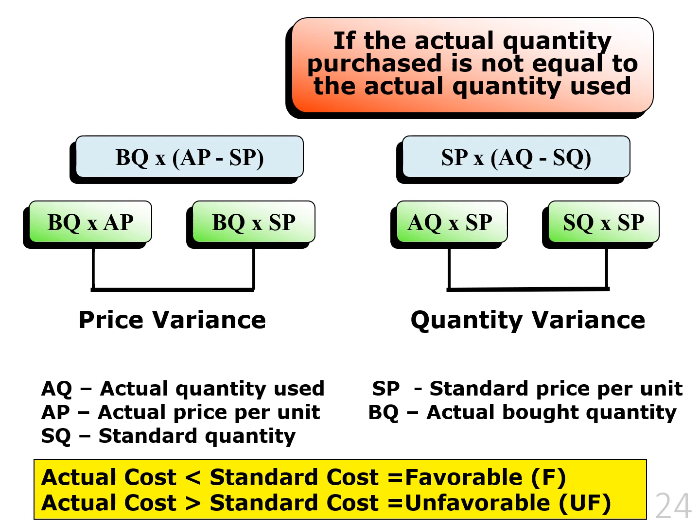If actual cost is smaller than standard cost, it is favorable, and if actual cost is bigger than standard cost, it is unfavorable.